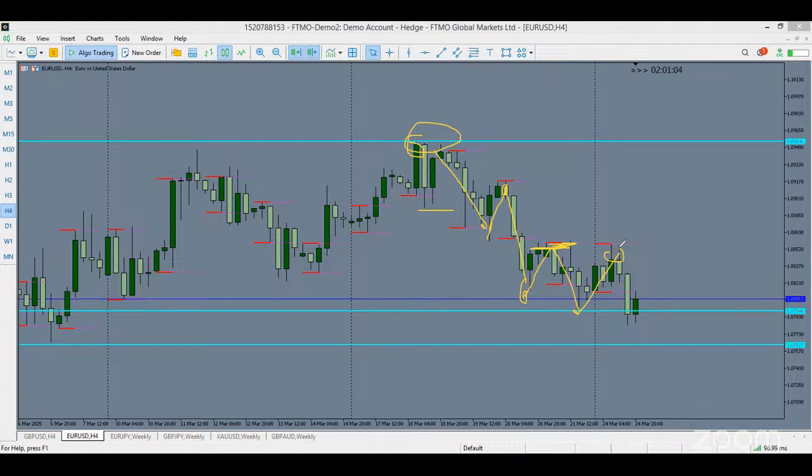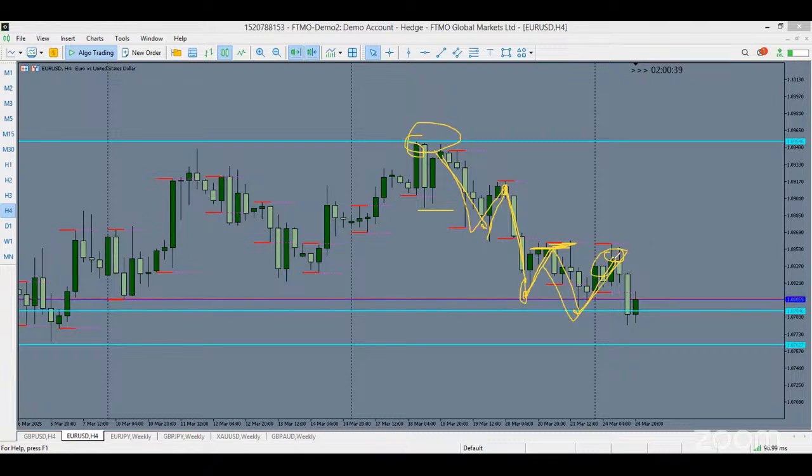Always follow your trade plan, because that is all that you need to have consistency in your trading. See, price is just following the structure here. Lower lows, lower highs, lower lows, lower highs, lower lows, lower highs.